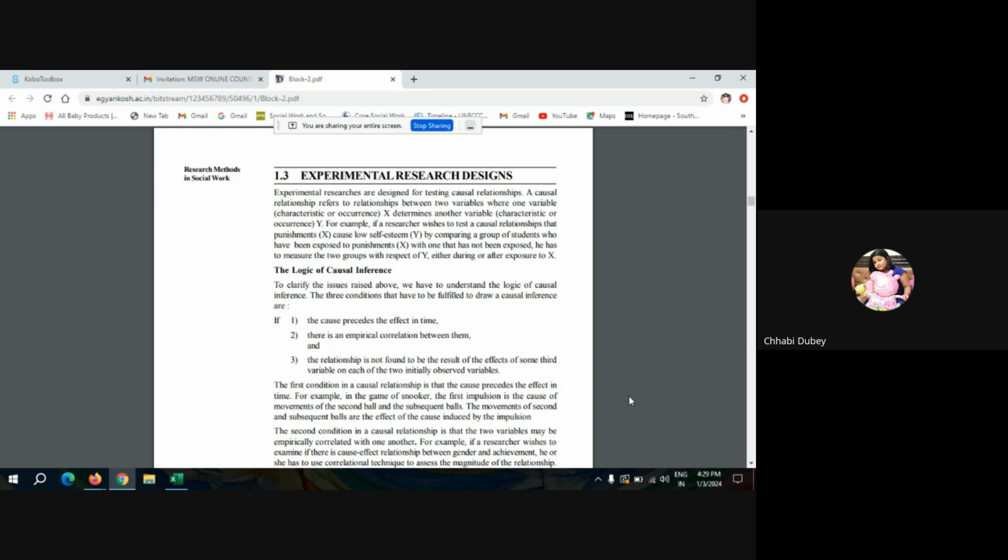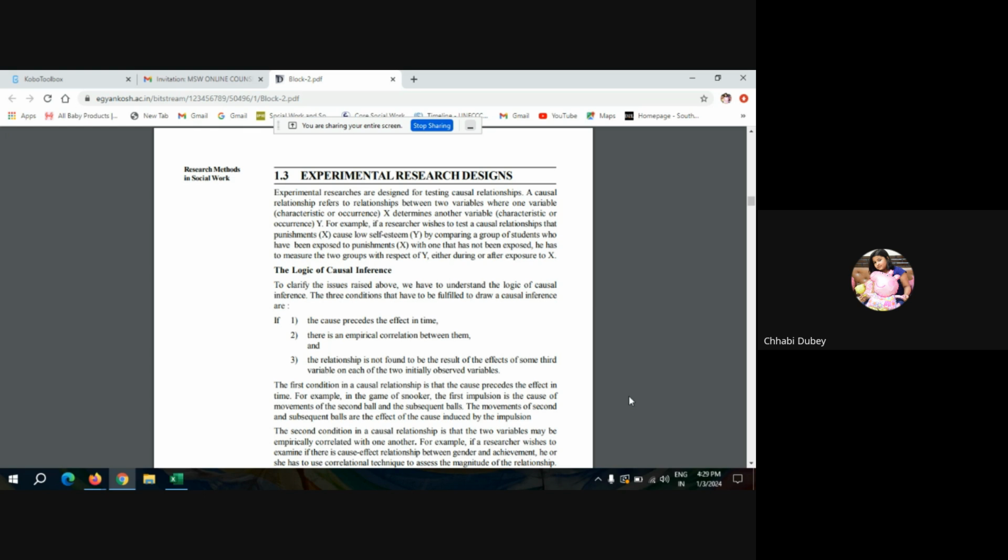For example, if a researcher wishes to test a causal relationship that punishments cause low self-esteem, by comparing a group of students who have been exposed to punishments with one that has not been exposed, he has to measure the two groups with respect to y, either during or after exposure to x. So here we will find out the relationship that the two variables have with each other.